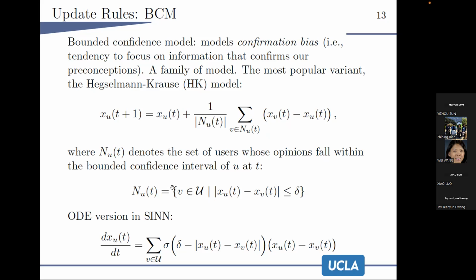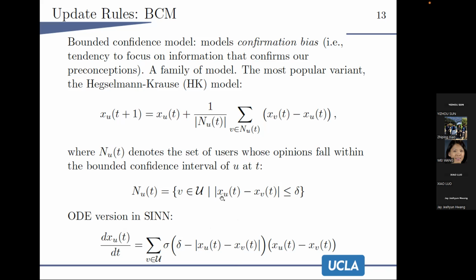N_u(t) is defined this way, when their opinions are close enough. By the way, this sigma is again learnable. Within a bounded confidence interval of user u at time t, they have the potential to influence each other, otherwise they don't. And the ODE version in SINN uses a sigma function, so if it's smaller than 0, then that's 0.